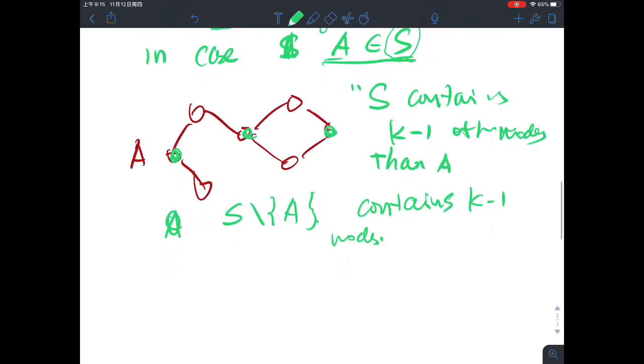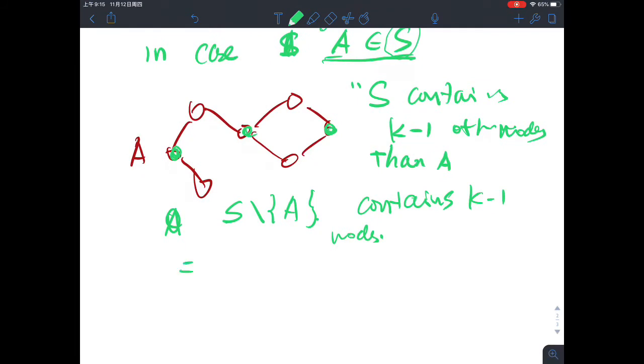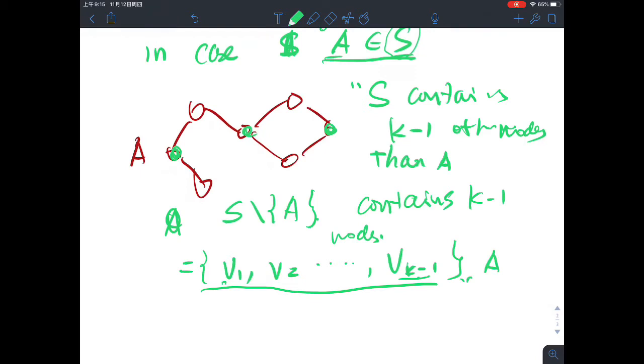All these other nodes, let's call them V1, V2, all the way to V(k minus 1), the rest of the nodes. Because V1 up to V(k minus 1) together with A covers all the edges, right?